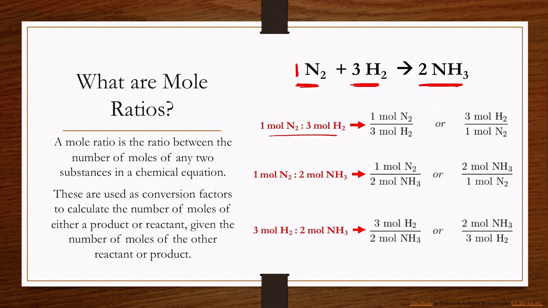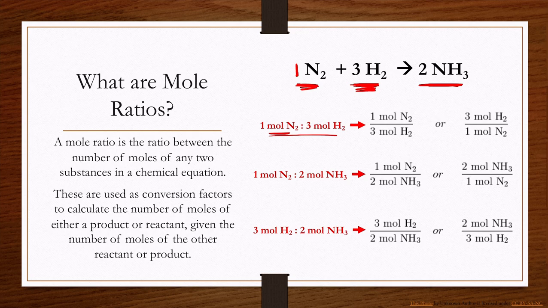So I've got 1 mole of nitrogen for every 3 moles of hydrogen that's required for this reaction. So my ratio between nitrogen and hydrogen here is 1 to 3.